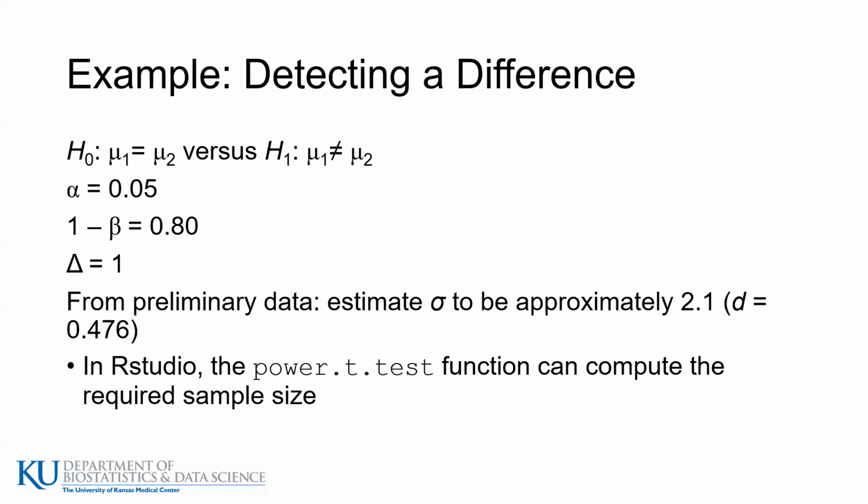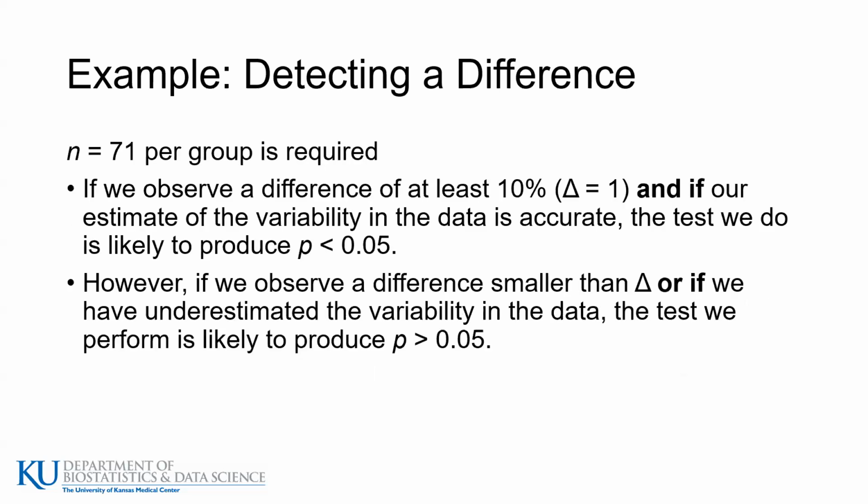And R, which is an open source software, has a function that you can use to compute the required sample size. So if we plug that in to our function in R, we get that we need a sample size of 71 per group, and this is required to obtain the level of power and the significance level that we pre-specified.